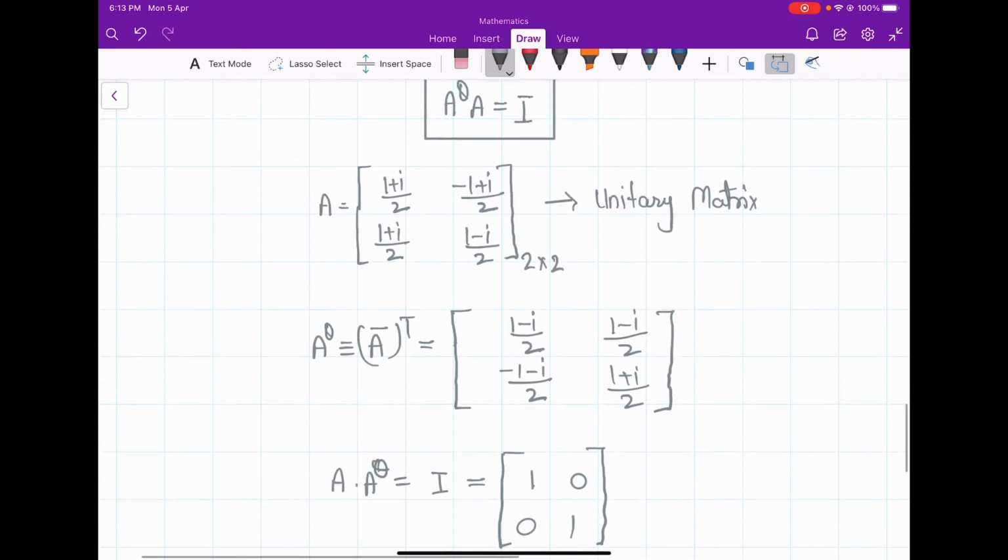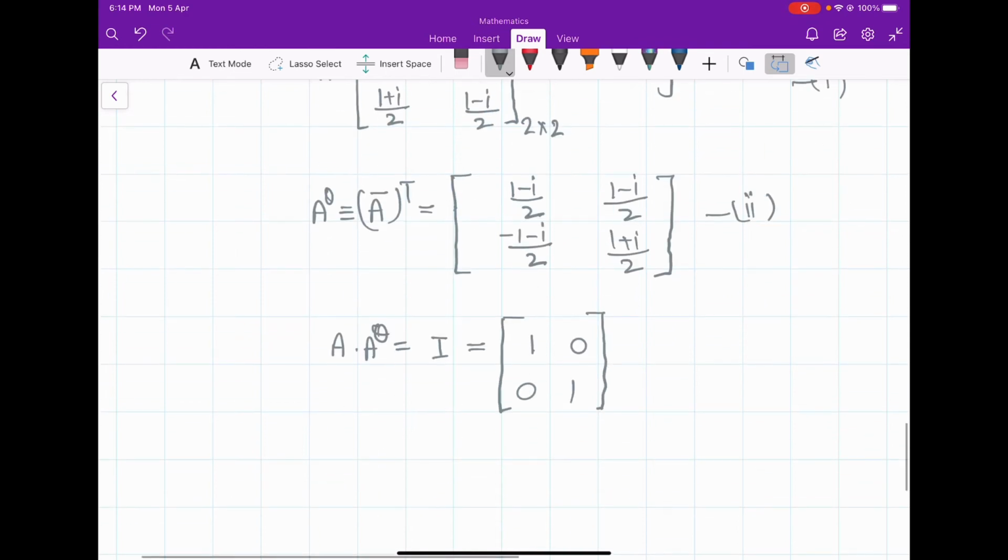You can multiply these equations 1 and 2 by the method of row into column, A theta into A, which gives the identity matrix, that is equation number 3. So from here you get the condition of a unitary matrix.